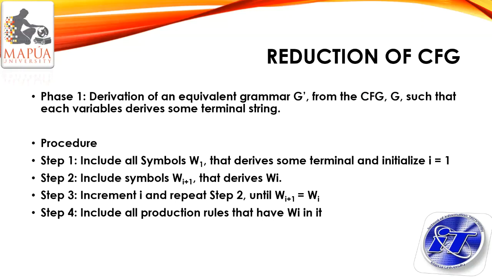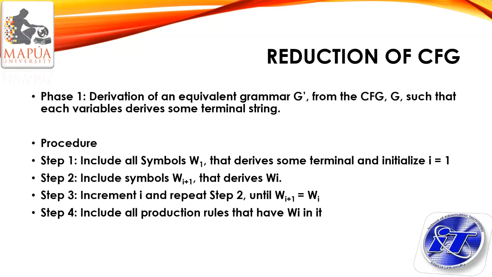In phase 1, we derive an equivalent grammar G prime from the CFG G, such that each variable derives some terminal string. So in phase 1, we're going to determine which among the non-terminal symbols will yield a terminal symbol.